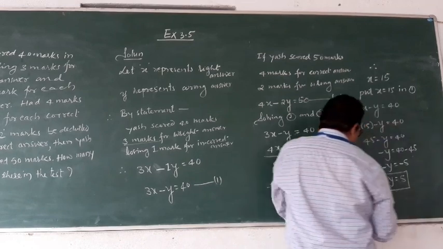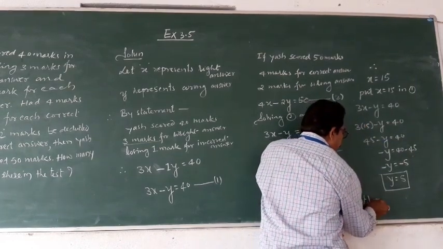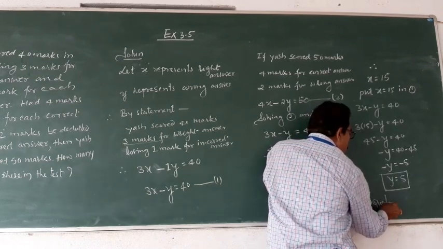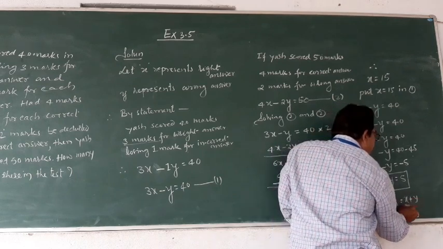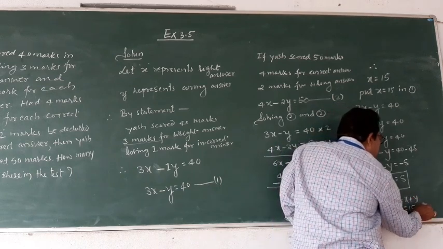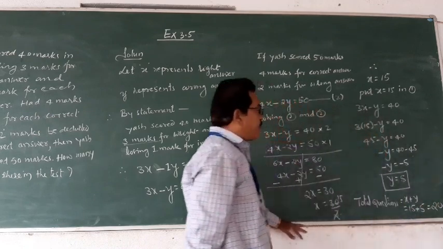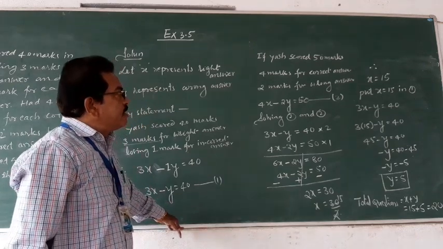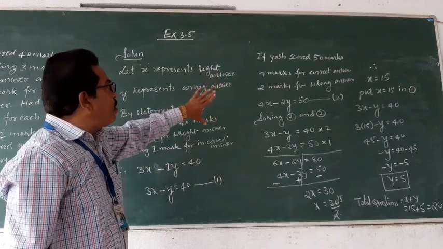So total number of questions equals x plus y, that is 15 plus 5, that is equal to 20. Okay, this is the method of solving this question.